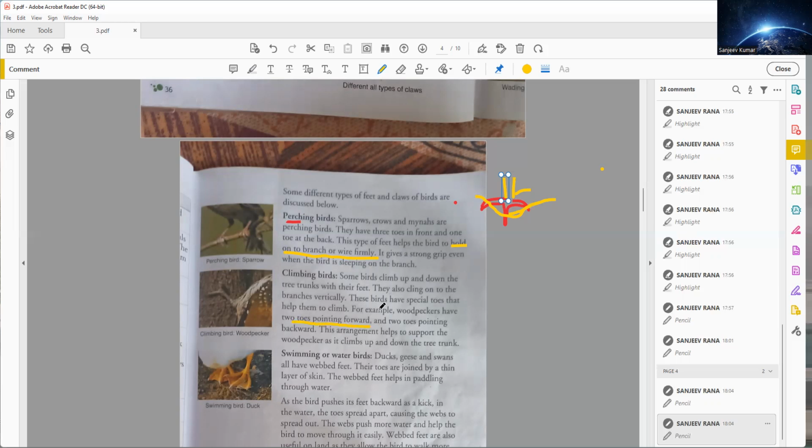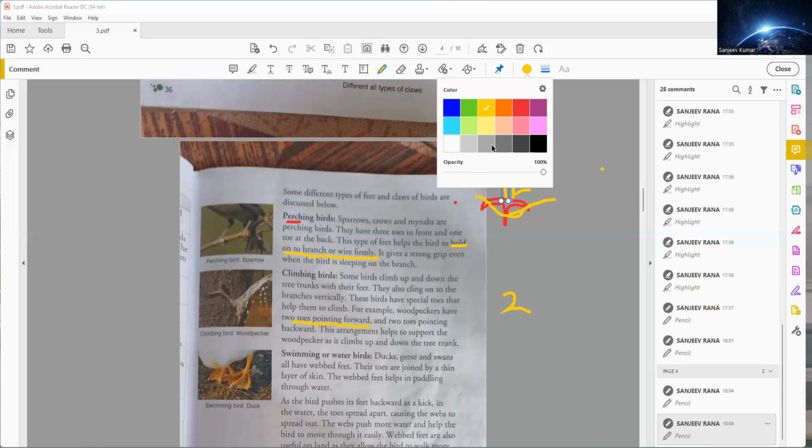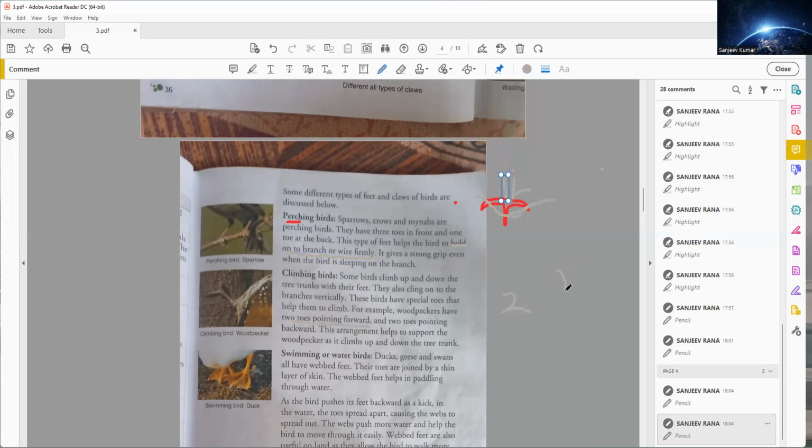This is a thing to remember. Usually we have 3 in perching birds, with 3 in front, but in the climbing birds, that is woodpeckers, we have 2 toes pointing forward and 2 toes pointing backward.